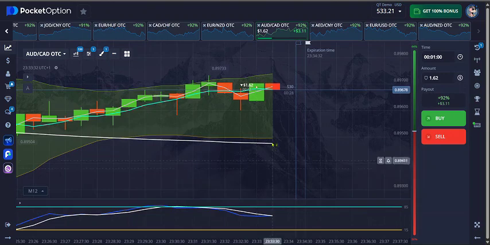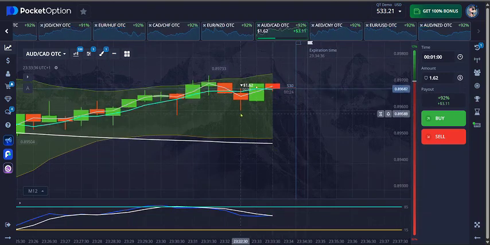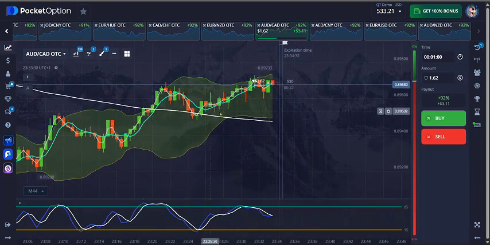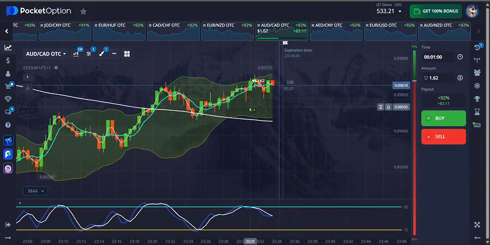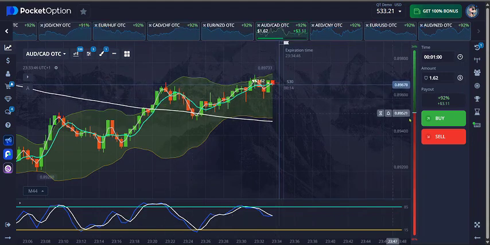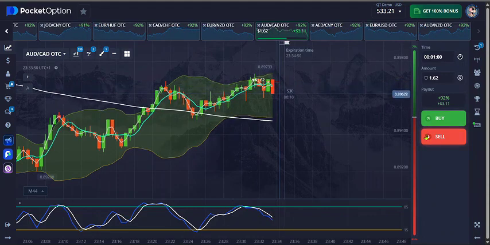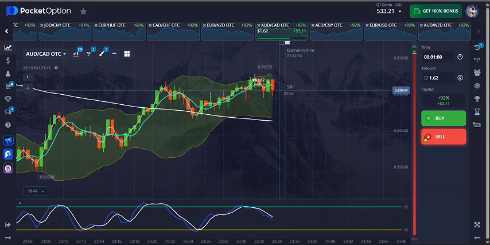So I believe it should push downward, but we are still in a much uptrend, but I believe we should be able to get a win on this. Let's keep watch and hope that we get a win on it.